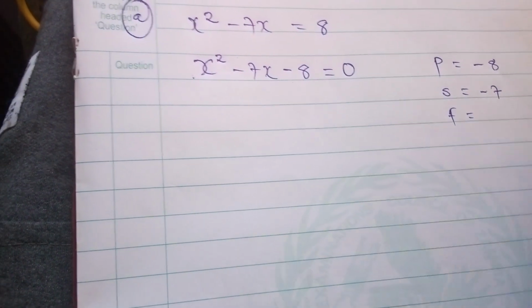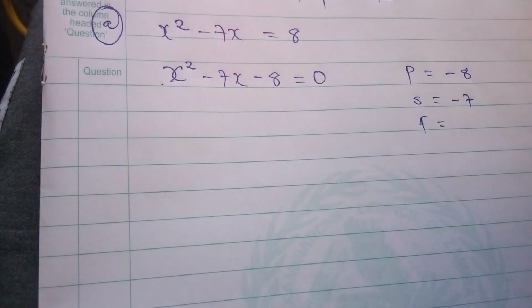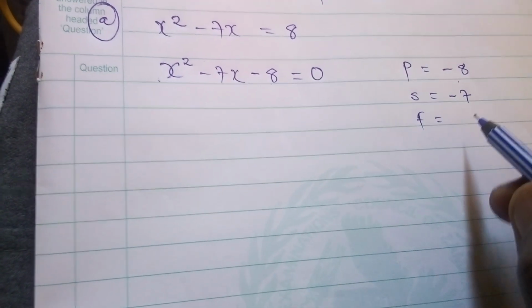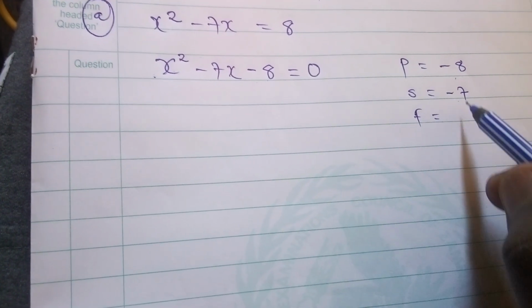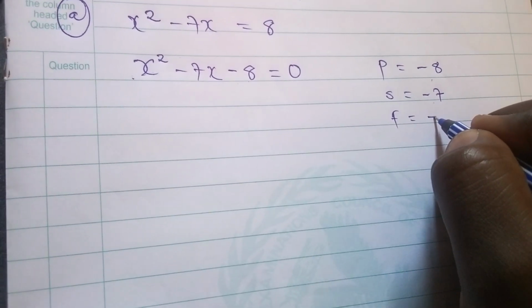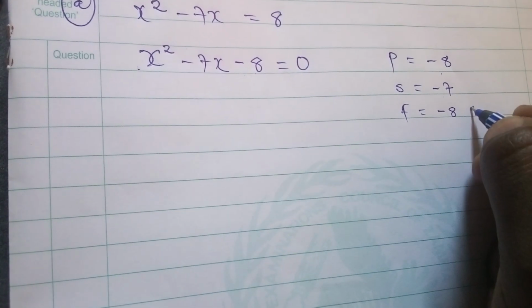Then the factors are two numbers that, when you multiply, you get negative 8, and when you add, you get negative 7. So that is negative 8 and positive 1.